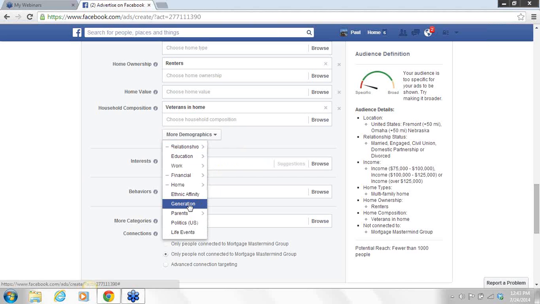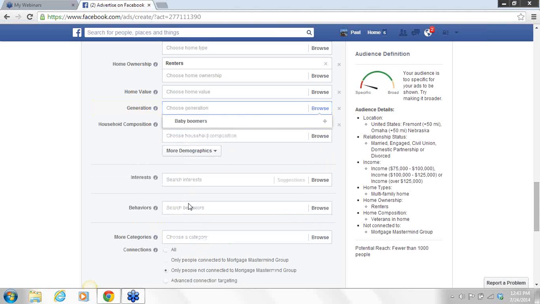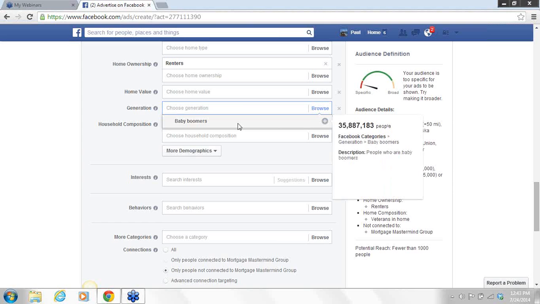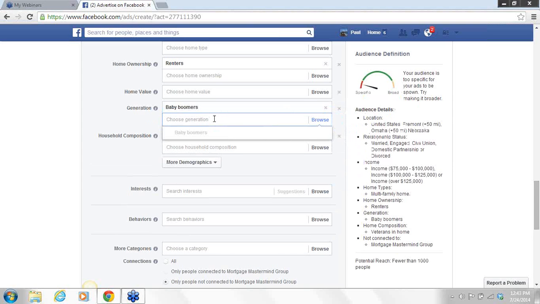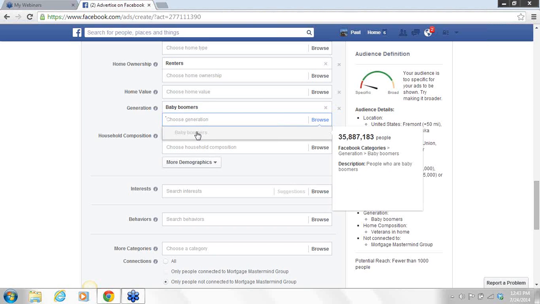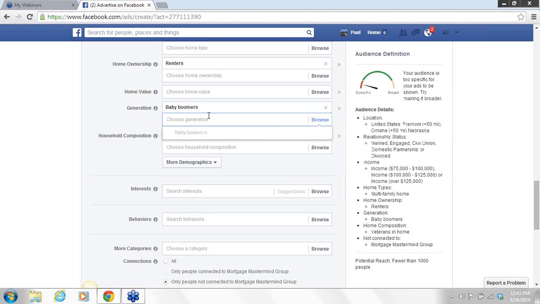Generation. Here's another good one for those of you who are doing the reverse mortgage one. Now, by default under generation, it came up with baby boomers, but I can choose other generations. Why did only baby boomers come up?